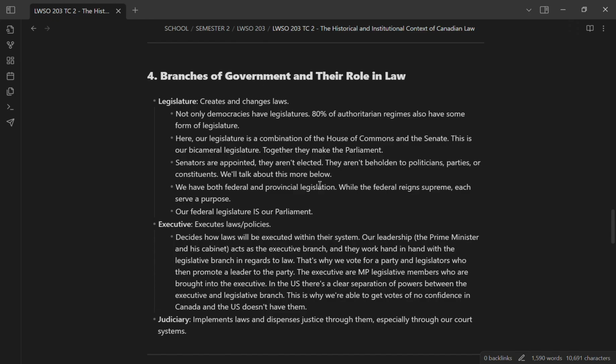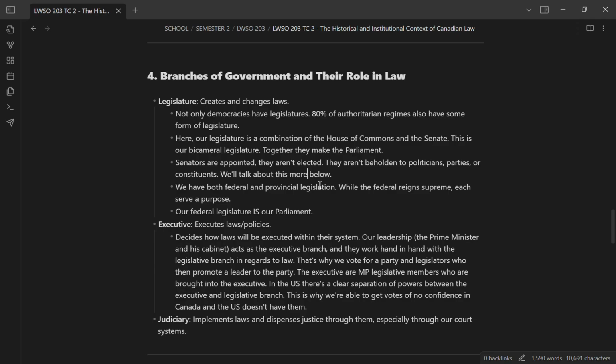This hand-in-hand relationship, this fusion of powers that we have, which we'll get into later in a different topic, is why we vote for a party and legislators who then promote a leader to that party, and not a leader in specific, unlike America. The executives are MPs, or members of parliament, legislative members who are brought into the executive. In the U.S., there's a clear separation of powers between the executive and legislative branch. Here, there's a fusion of powers. Again, this is why we're able to get votes of no confidence in Canada, and the U.S. doesn't have them.